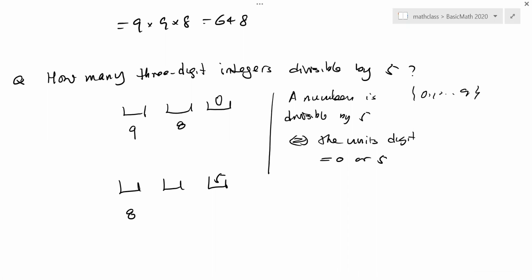But wait a minute. I did it wrong. I have to add a sentence, with distinct digits. Be careful about this. If you do not assume the digits are distinct, then you do have more choices on the first one.